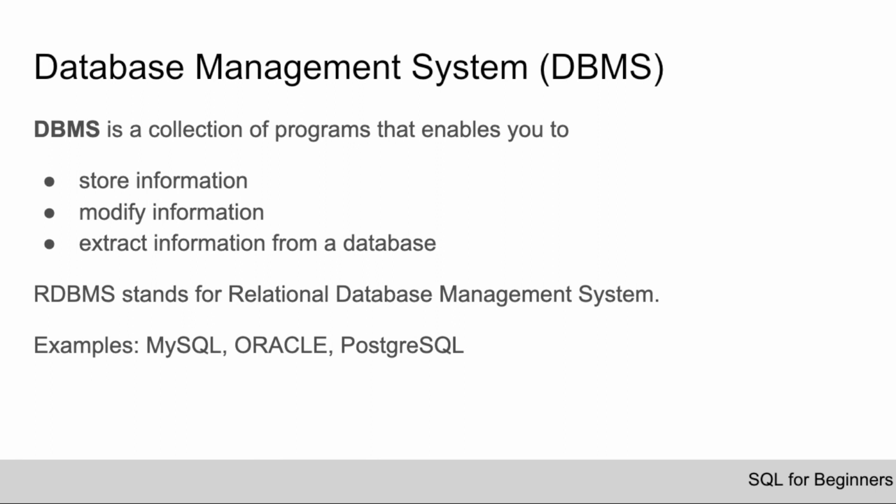And second, it helps you to modify that information. After you store your information, you store it for some certain purpose. You want to do something with that data, right? And here, the database management system helps you to modify, change that information. Last but not least, it helps you to extract that data from the database, and to do some other actions that you need to.